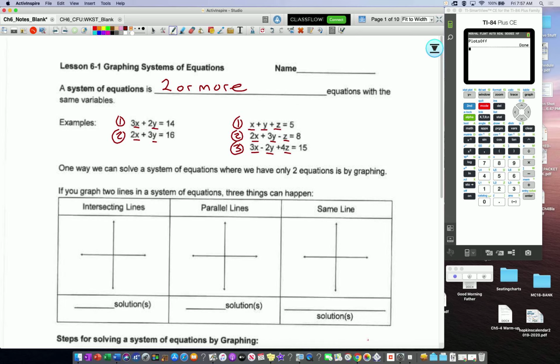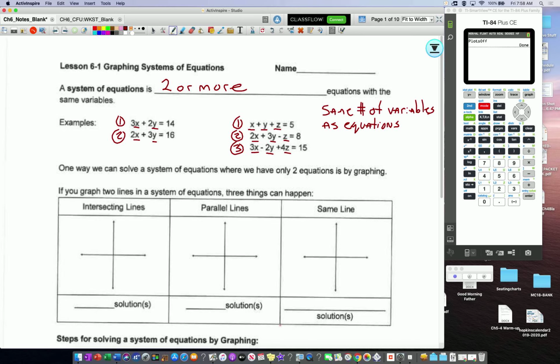So ideally when solving systems of equations, you want to have the same number of variables as equations. That's ideal. Now, each equation doesn't have to have all the variables in it, but there's got to be that many. So again, here, notice two variables, x, y, two equations. Three variables, x, y, z, three equations.